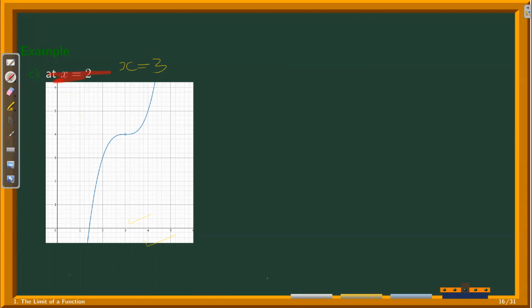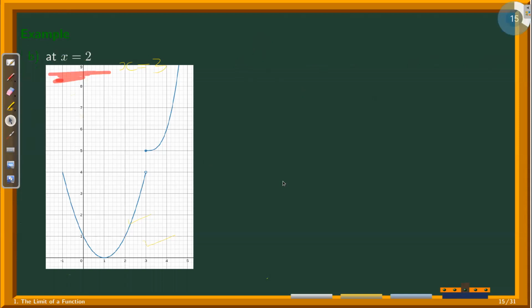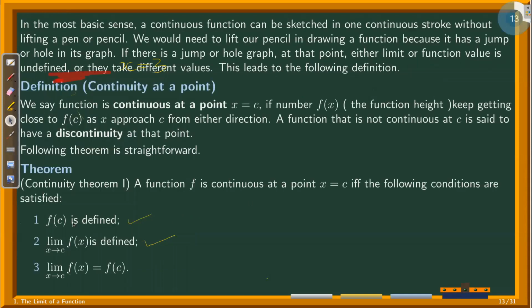Good, okay. Very good. So here I can say, okay, one thing, when it's broken, what are the 3 conditions? The first condition is this, no?